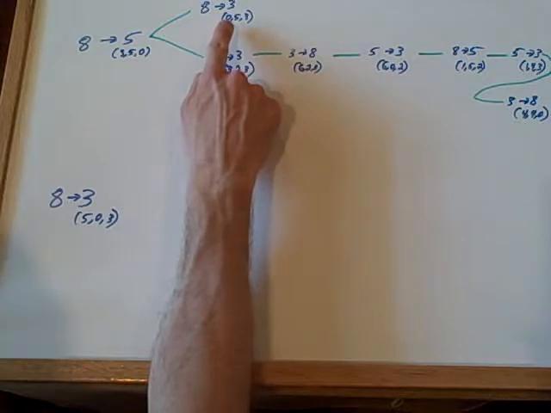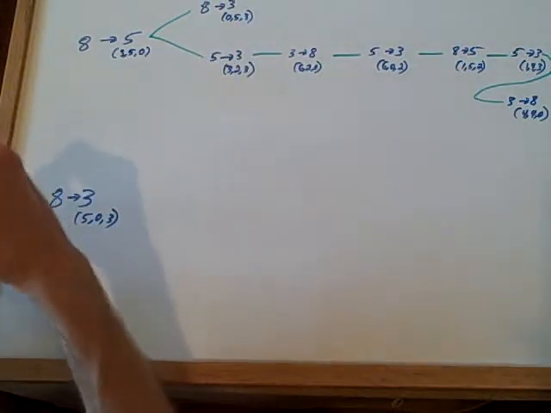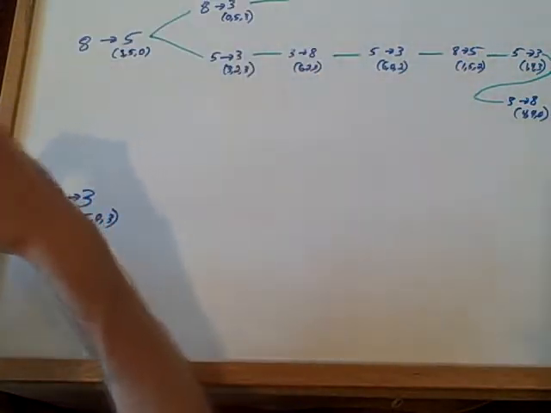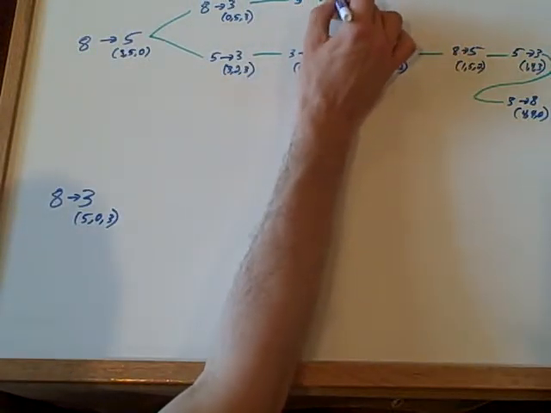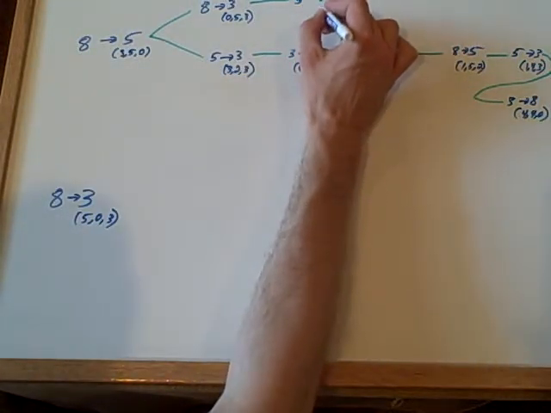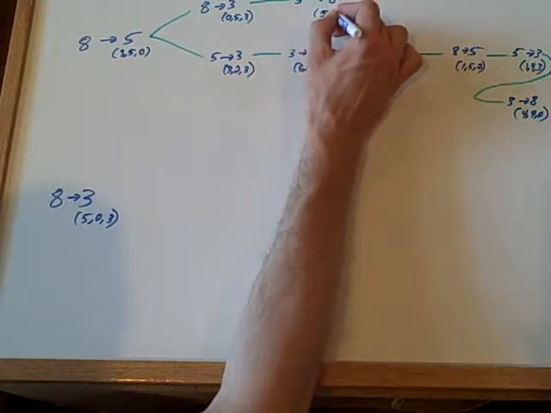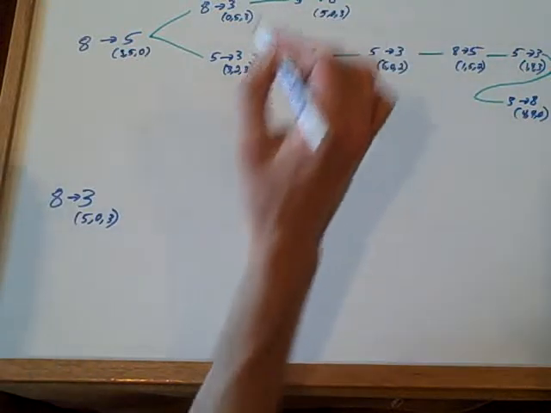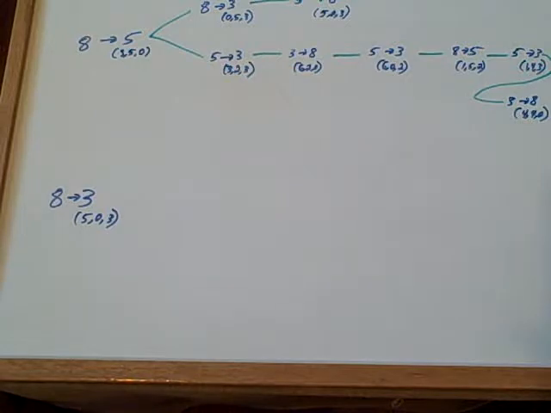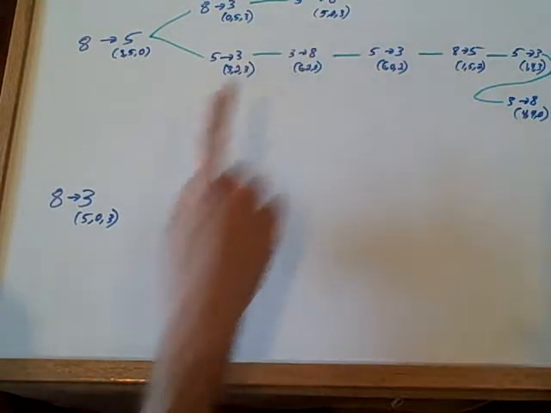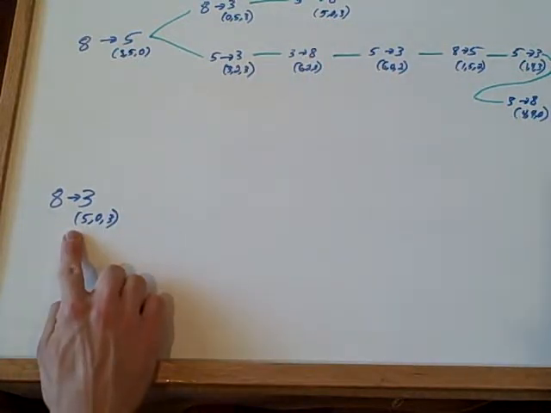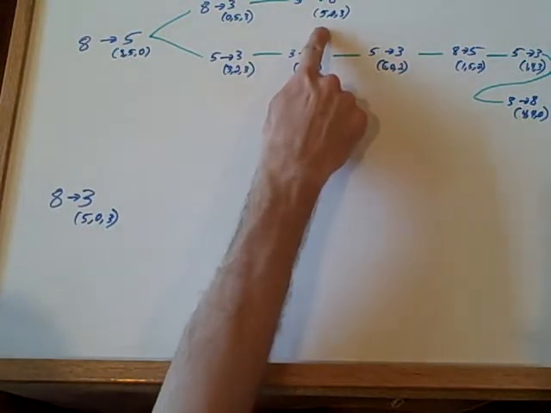If we went from 5 to 8, let's do that real quick, then we're going to have 5, 0, 3. And 503 is not the most efficient way, because we can get to 503 in just one pour. So already we know that's not the most efficient way.